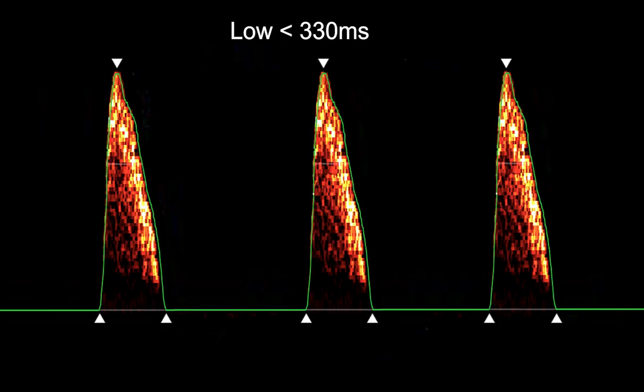A short FTC of less than 330 milliseconds often points to an increasing afterload. The most common cause of this is hypovolemia, a condition where there's an abnormally low volume of blood circulating in the body. Hypovolemia causes the body to compensate by constricting blood vessels, which in turn increases the afterload.